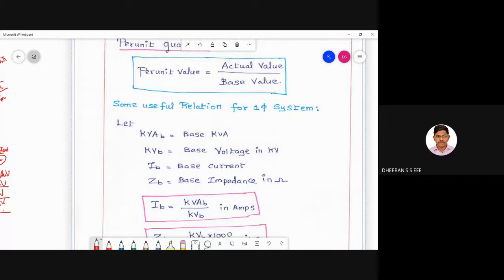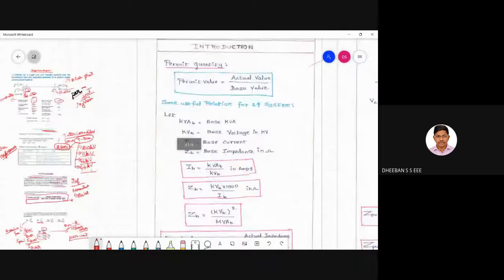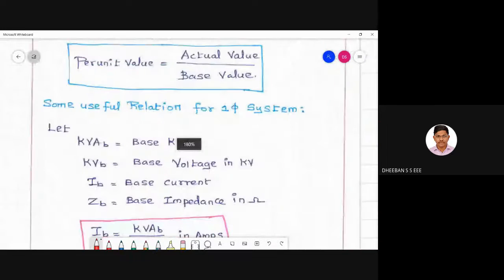The base value is what we will be selecting, and the actual value is the one that will be converted for the respective bus.